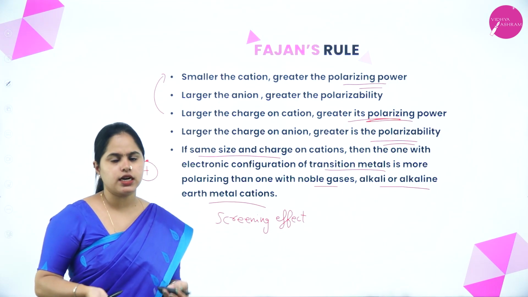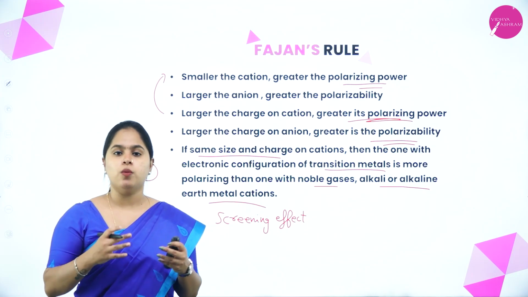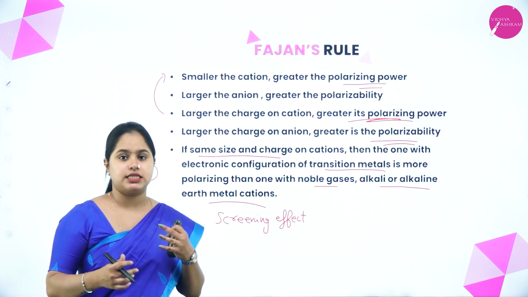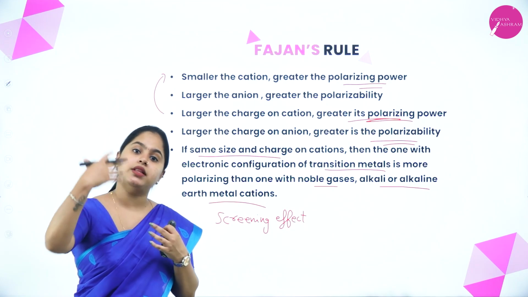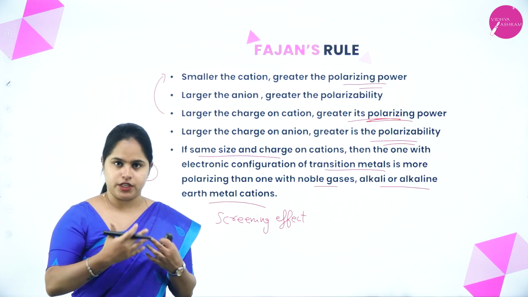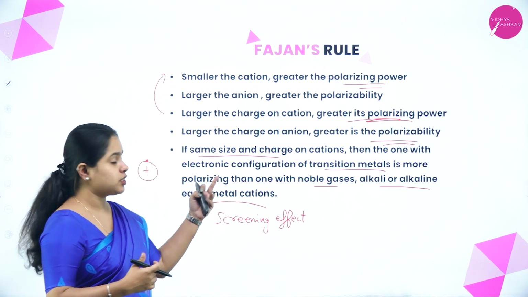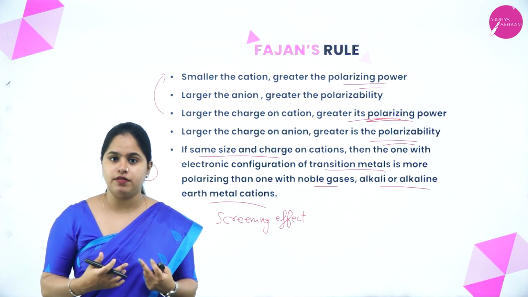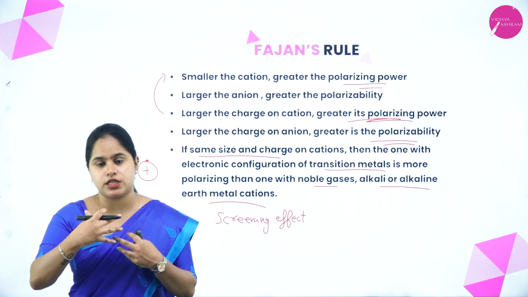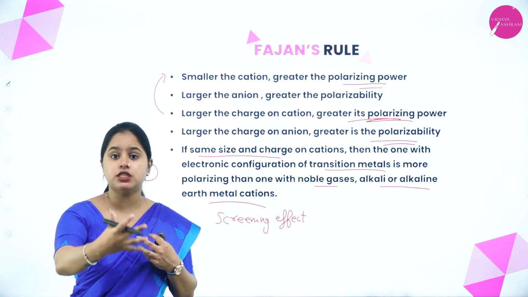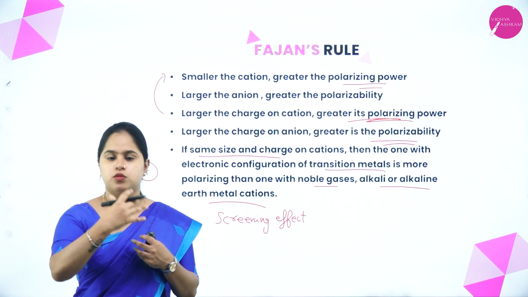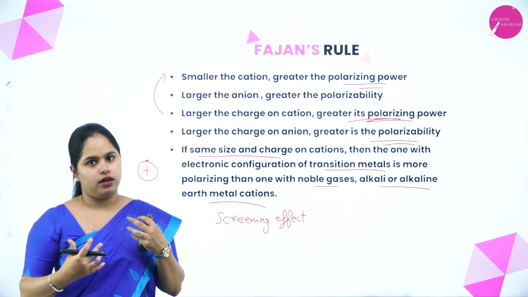We have already studied about screening effect, right? So if the screening effect is less, that means the attraction between the outermost electron and the nucleus will be more. So in that case, what happens? The polarizing power will increase, right? The size is reducing because the attraction is more, with more pull the outermost electrons are pulled towards the nucleus.